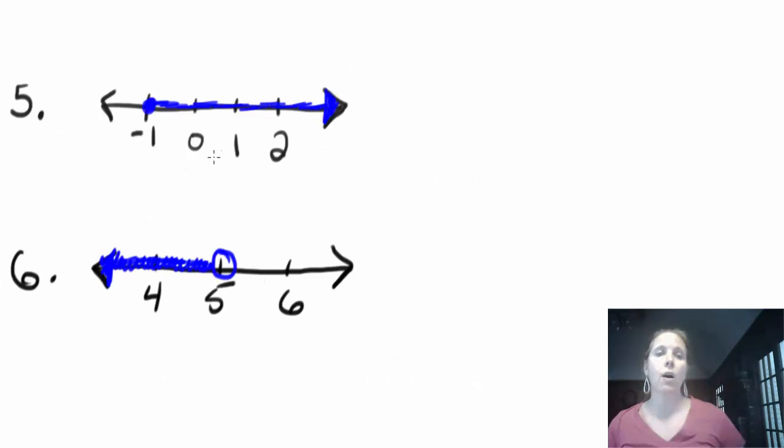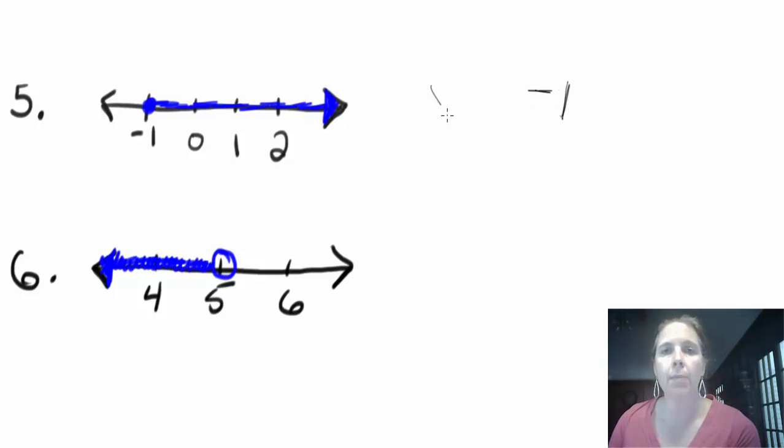Okay. So now on these two, you have to come up with the inequality. So we have to look. First of all, it's shaded in. And it's at -1. So we know it's going to be something -1. We can just make up a variable because it doesn't matter. And is it shaded greater than or less than?